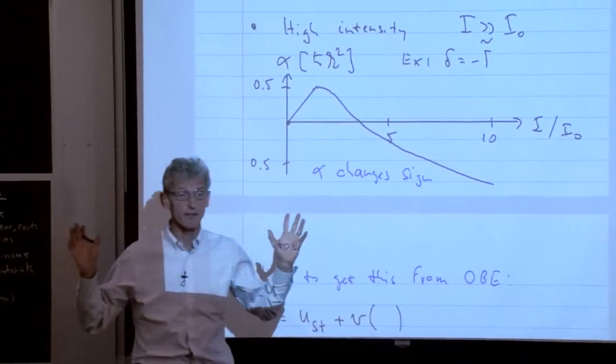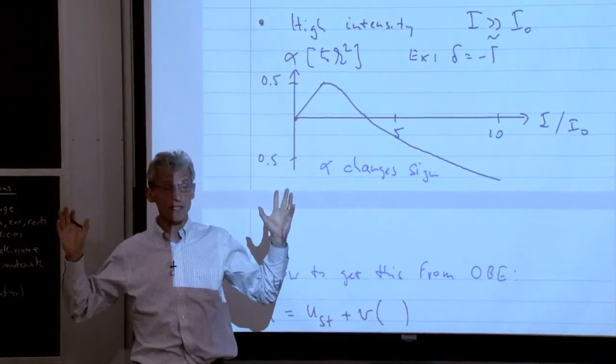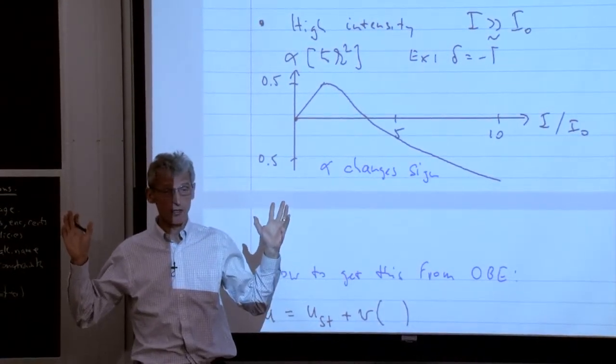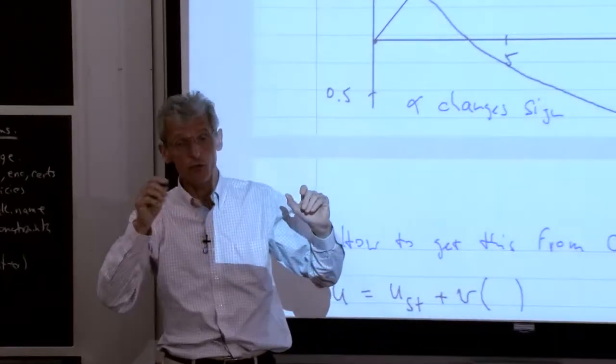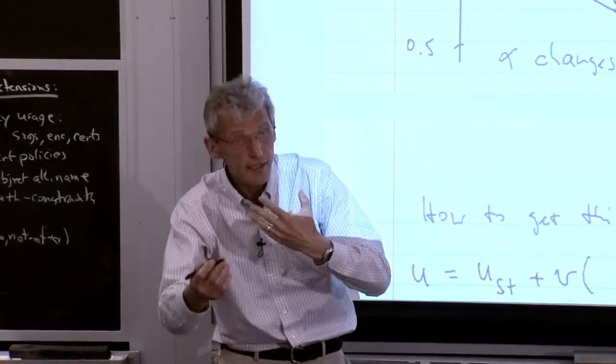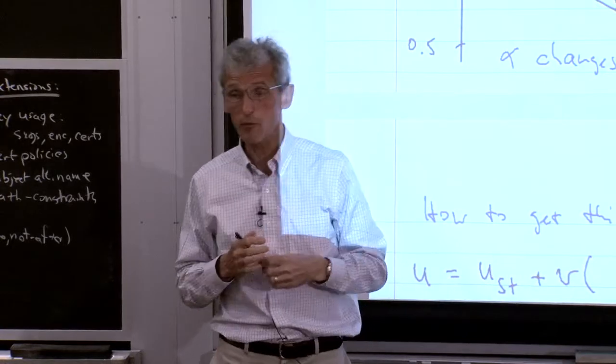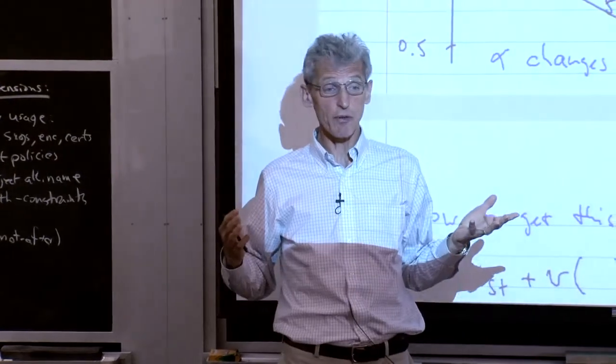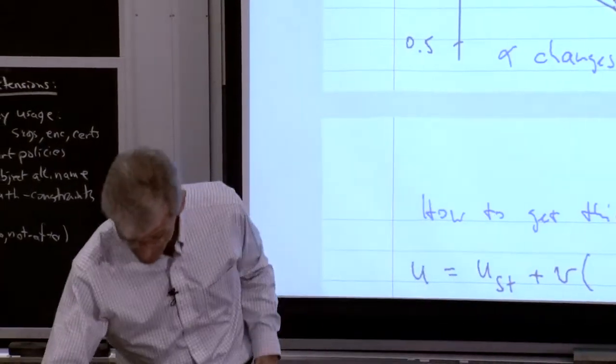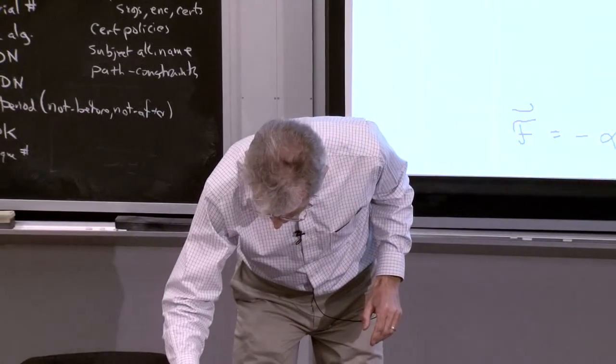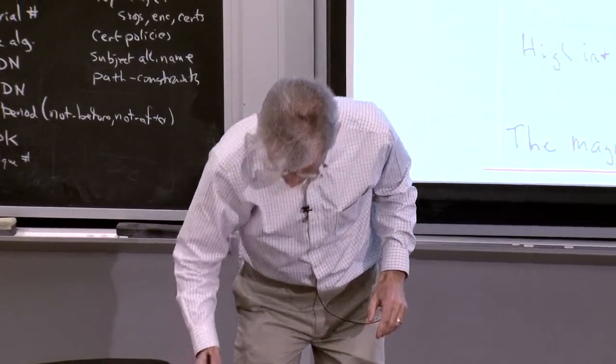Because haven't we done an almost exact discussion of light forces? We used the gradient of d dot E, we used for d the steady state solution of the optical Bloch equations. Haven't we done everything right? Well, we did approximations.